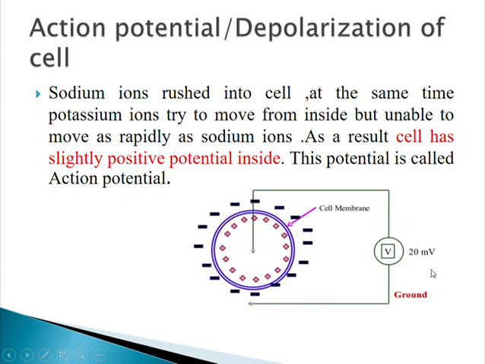And this action potential is always positive in sign. And when the cell goes from a polarized state to this action potential, it is called depolarization of the cell. So the cell in the excited state is called a depolarized cell.